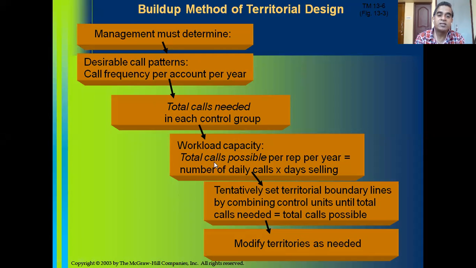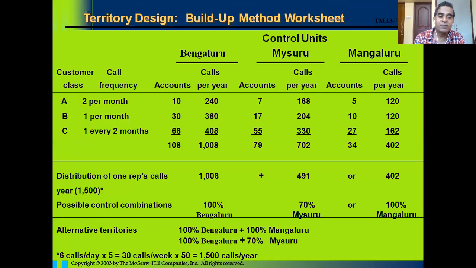Yes, sir. Now let us learn how workload capacity is determined. That is nothing but total sales calls possible per sales representative per year. That is simply done by multiplying the number of daily calls, the average number of sales calls a sales rep can make in a day, by the total number of working days in a year, that is days of selling.